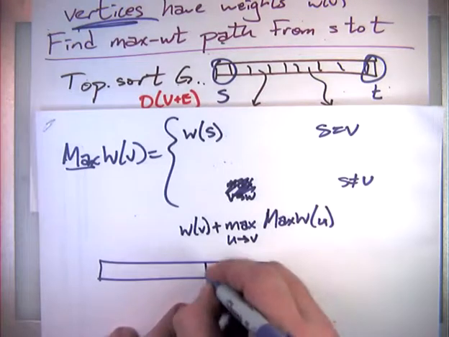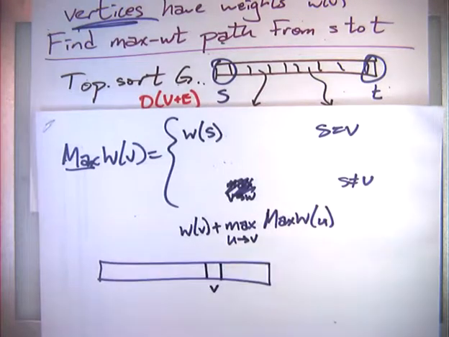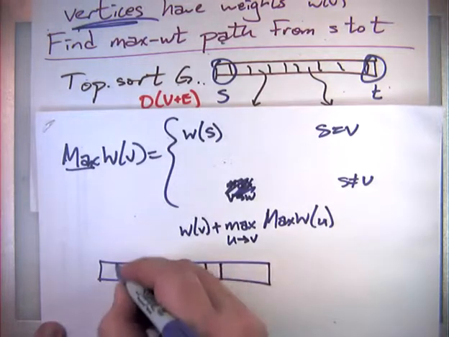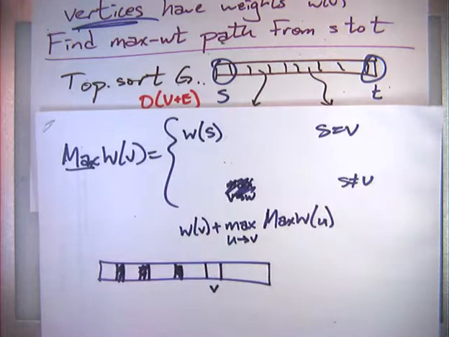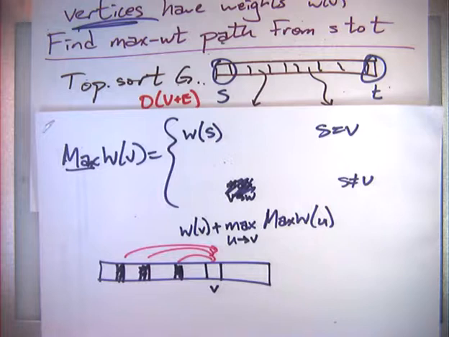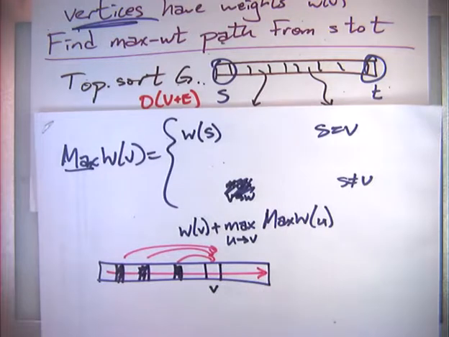If I want to fill in this spot for V, what do I have to evaluate first? Some stuff to the left, because I don't necessarily know which things to the left. But, I mean, these are exactly going to correspond to the edges coming into V. So what order do I evaluate? Left to right. This is just a standard for i equals 1 to n.